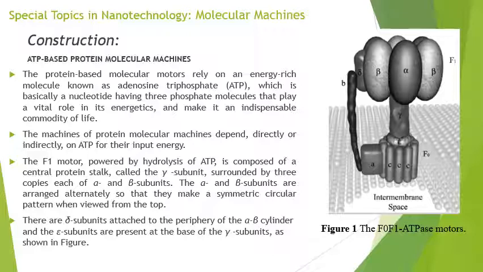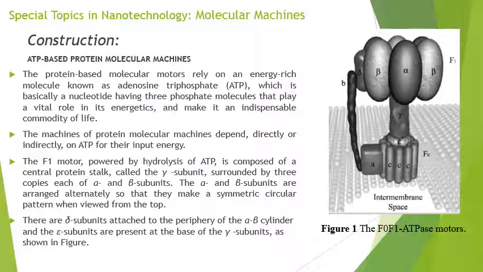In this machine, the protein based molecular motors rely on an energy rich molecule known as adenosine triphosphate, that is ATP, which is basically a nucleotide having three phosphate molecules that play a vital role in its energetics and make it an indispensable commodity of life. The protein molecular machines depend directly or indirectly on adenosine triphosphate for their input energy, that is stimuli.